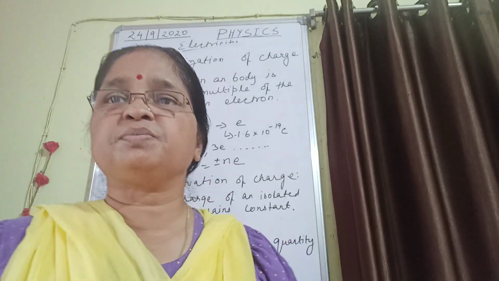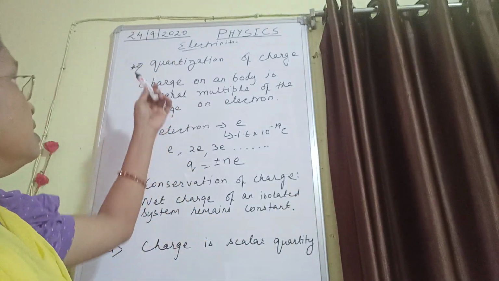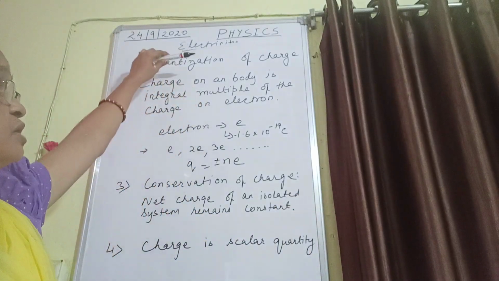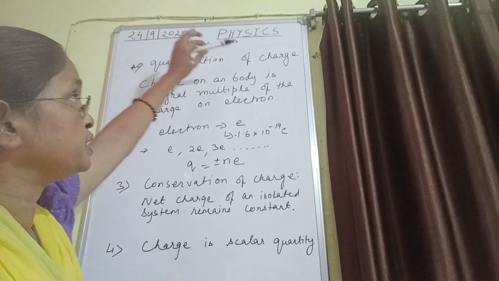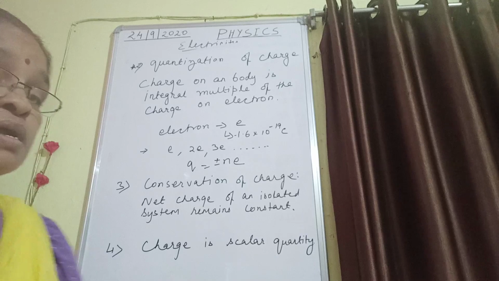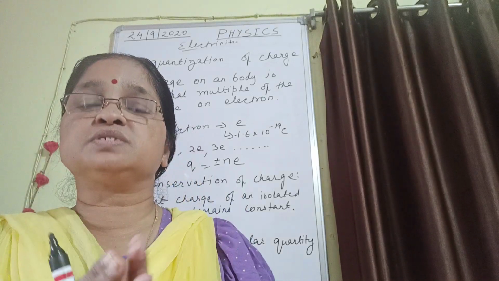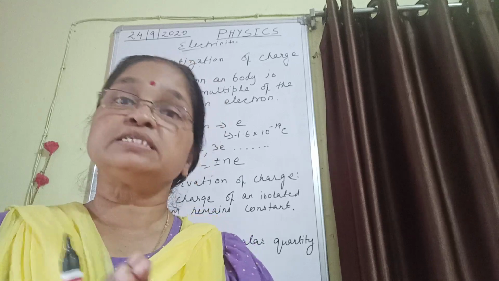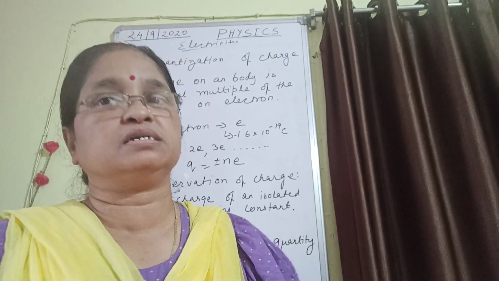Now another property of charge. The second property we are studying is quantization of charge. That means charge is quantized. We have studied that a body becomes charged when there is either an excess of charge or a deficiency of charge.